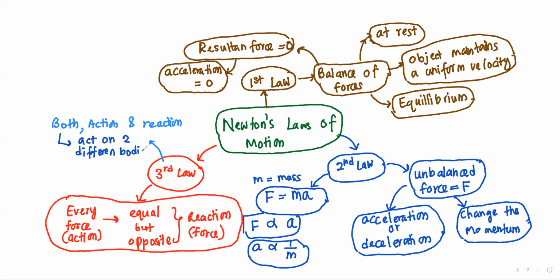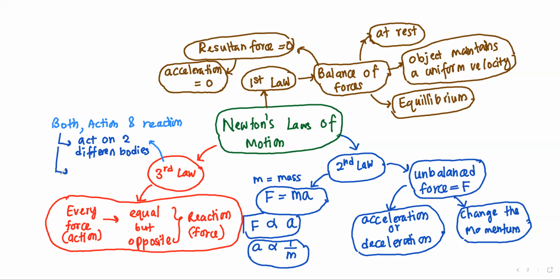For example, when a bird sits on a tree branch and wants to fly from it, the bird pushes the branch as an action, so the branch pushes the bird with a reaction. You can see the action acts on the branch, and the reaction acts on the bird. So action and reaction always act on two different bodies, like the bird and the branch.